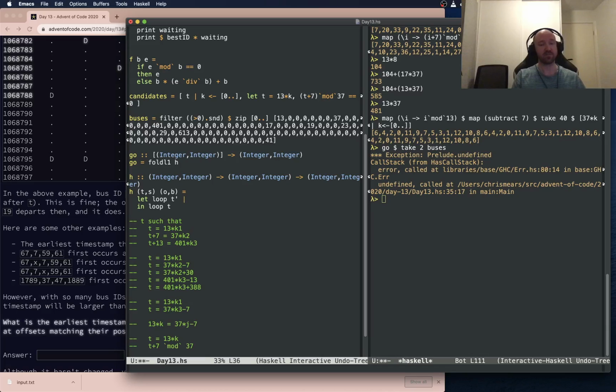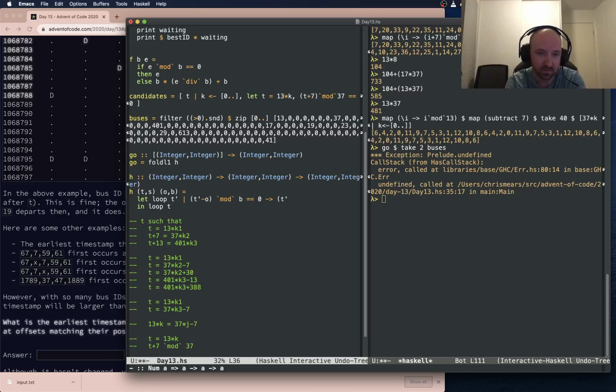And we say if t prime minus offset mod b is 0, then we're good. We've found nirvana. T prime is the first time that satisfies all our old buses and this new bus.